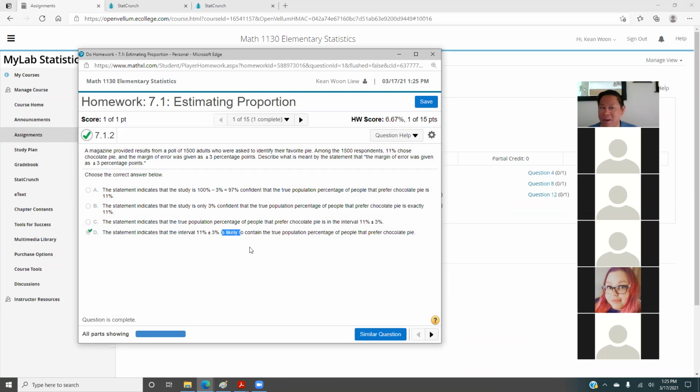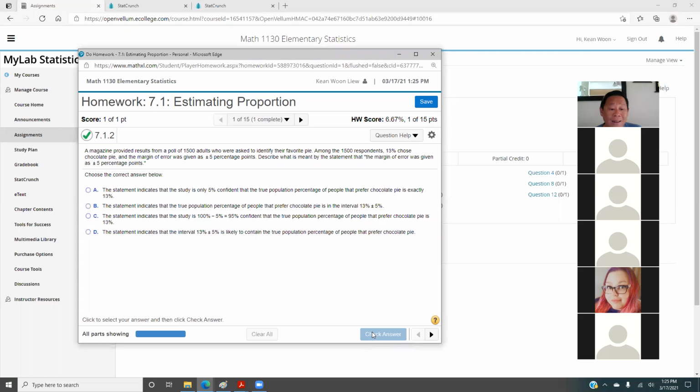Don't forget, remember the 95%. Only a 95% chance it will be caught in here. The 5% is not caught in there. So that's why the word likely is used here, because we are not 100% confident. We never find 100% confidence. We want 99, 98, 95, and so on.